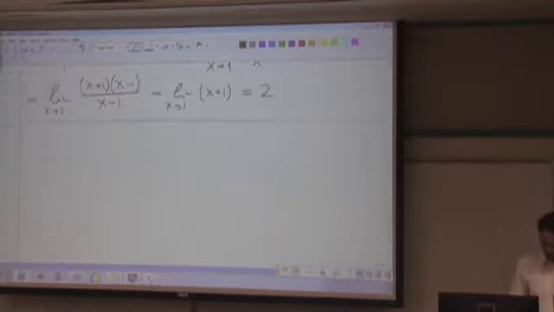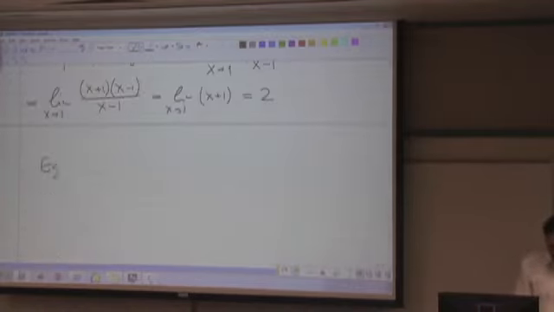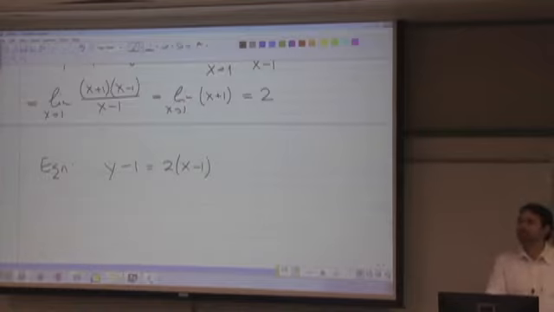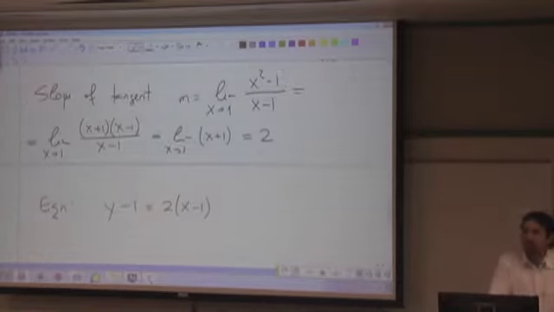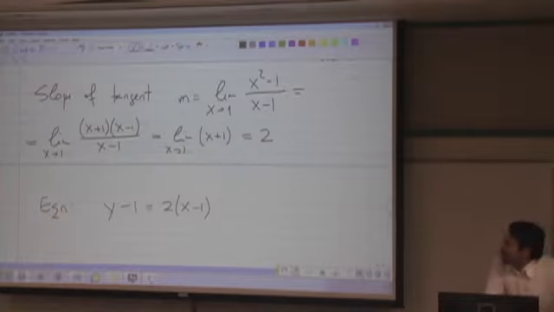And so my equation is going to be y minus 1 is equal to 2 times x minus 1. Does that make sense? Is everybody understanding this? How did we get 2 for x plus 1? X goes to 1. It's a polynomial. Oh, okay. We plug in the value. If you really want to be creative, you can use the epsilon delta definition, which I'm sure everybody really loves.